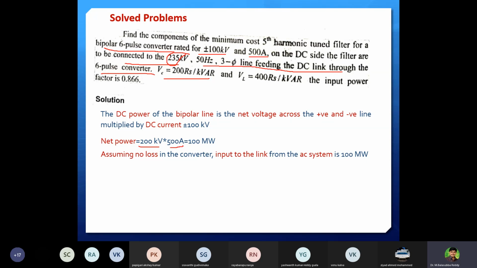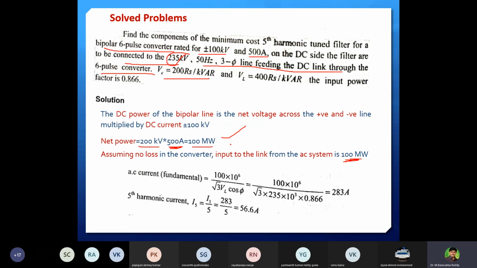Because it is a bipolar side, plus or minus 100 kV is mentioned. The voltage and the current of 500 amperes give a power of 100 megawatt. Assume no loss in the converter, so the input to the link AC system is also 100 megawatt.